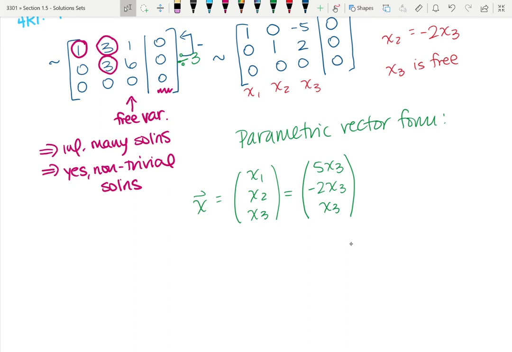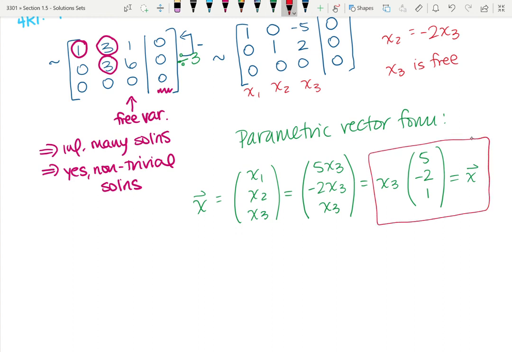Every entry here is scaled by it, so we can bring that out front as a scalar. And here is our solution in parametric vector form. So that is all we do.